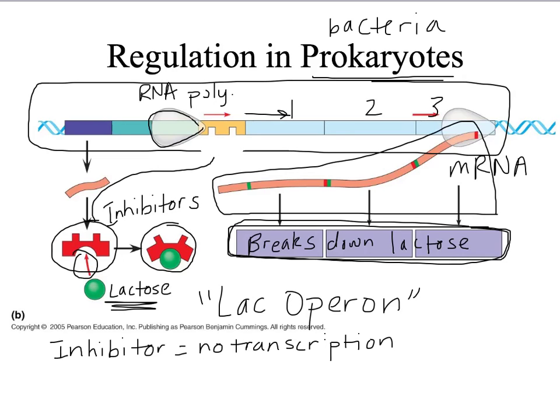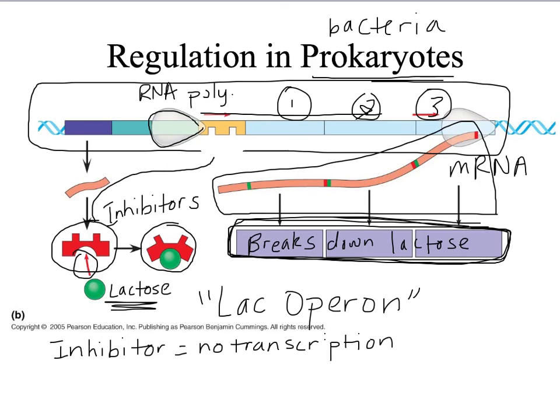Now polymerase can cruise down and make a transcript, or make mRNA, from all three of these genes. And if all three of those genes are transcribed to make the mRNA, that means that we can make that protein, that polypeptide, to break down lactose. How convenient. We have lactose in the environment. Now we can finally use those genes so that lactose can be broken down.